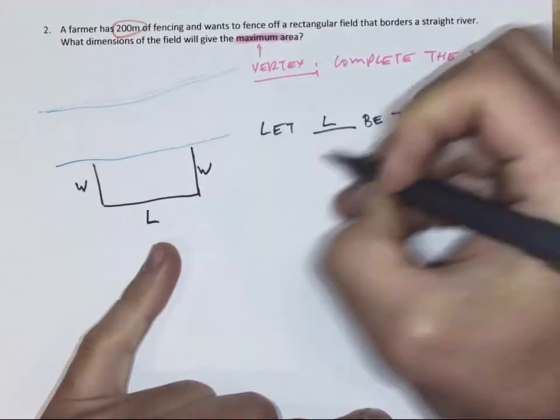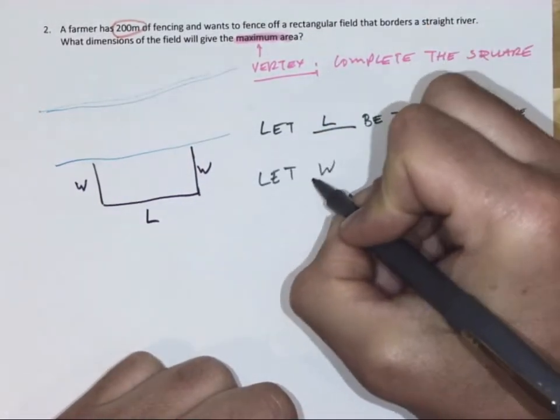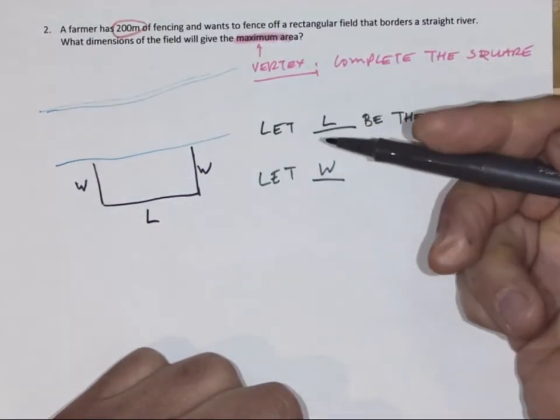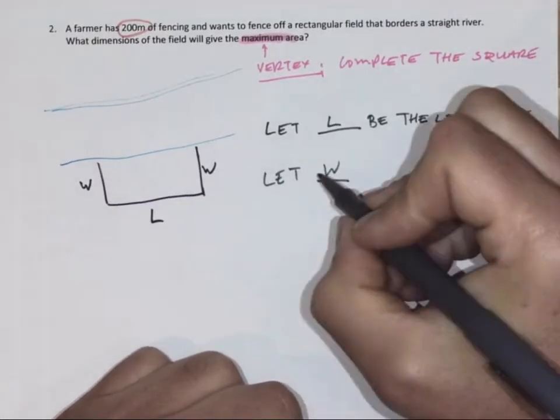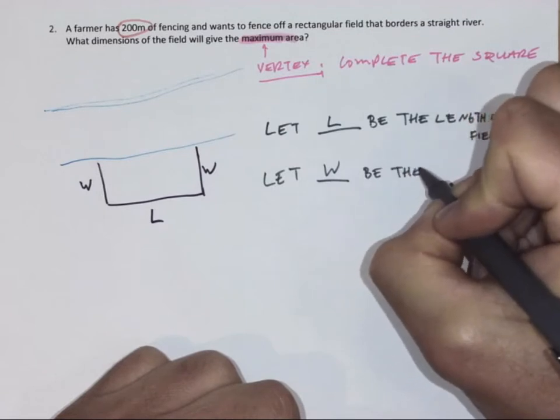If I know W, and I'm just going to set this up first as 2, and we can do it as 2. I might have set it up as 1 to begin with, but again, if you don't see how to do that, set it up as 2 to begin. Let W be the width.